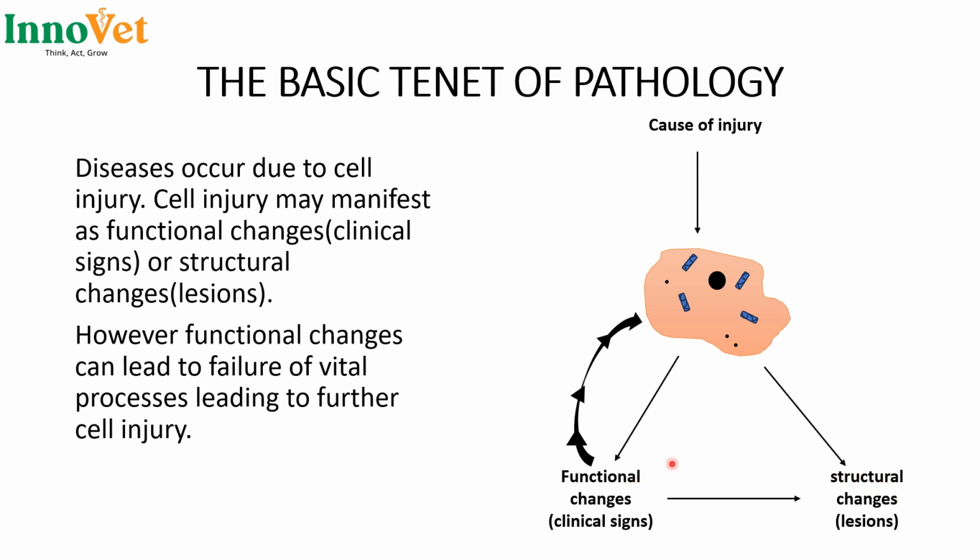The functional changes may be observed as clinical signs, and the structural may be observed as lesions. Also, these functional changes can lead to structural changes, and functional changes can also lead to failure of vital functions or vital processes, which will further lead to cell injury.